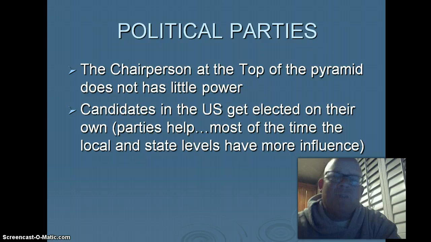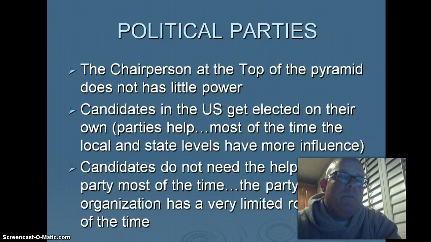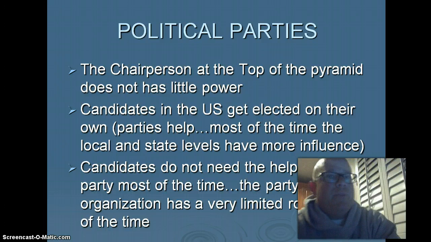And the candidates are going to basically manage a lot of those campaigns independently, or have a lot of authority outside of the party. Candidates really don't need any help from the party most of the time. The party organization has a very limited role in most cases.